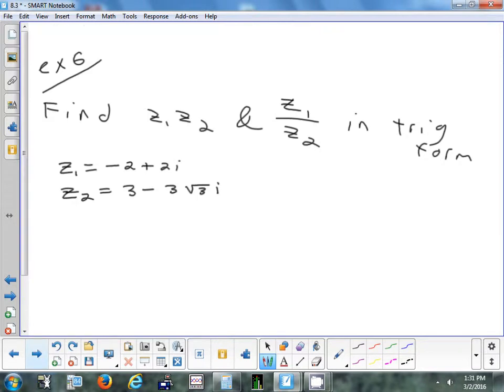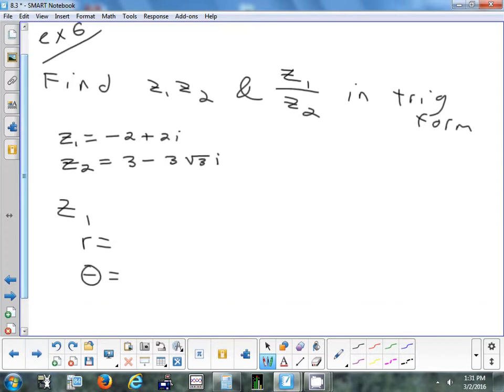All right, so take about 5 minutes and try that one on your own. One of these we've already done part of it. I want you to take Z1 and Z2. First step, find the radius for Z1. Find the angle for Z1, which you already have in your notes.